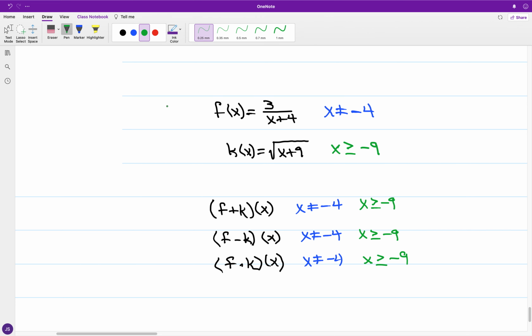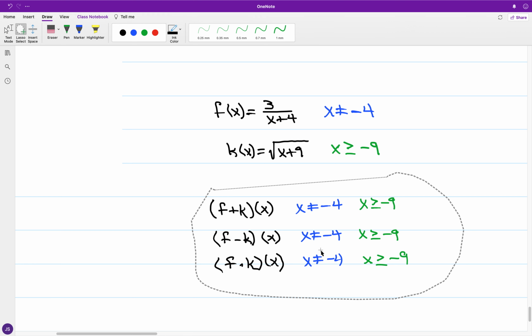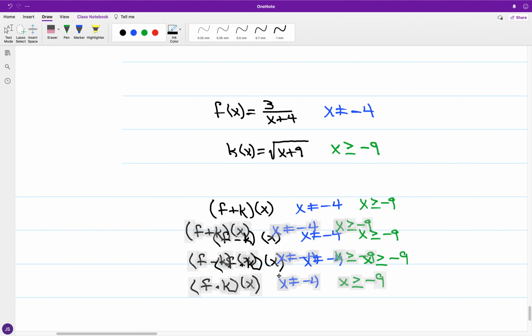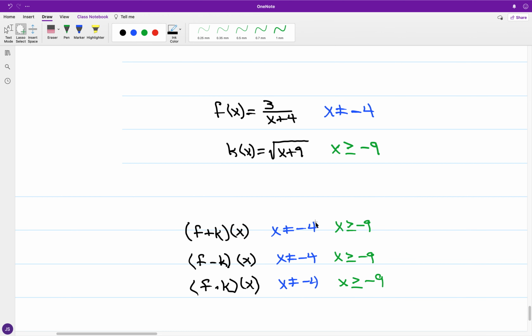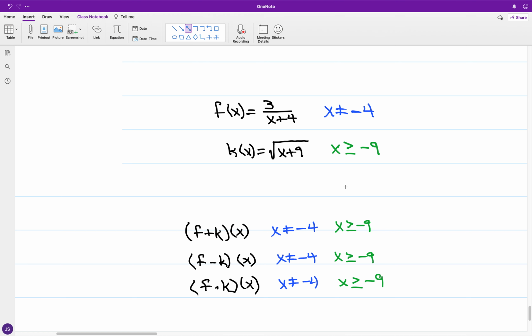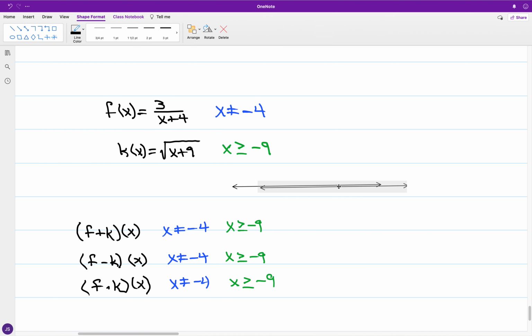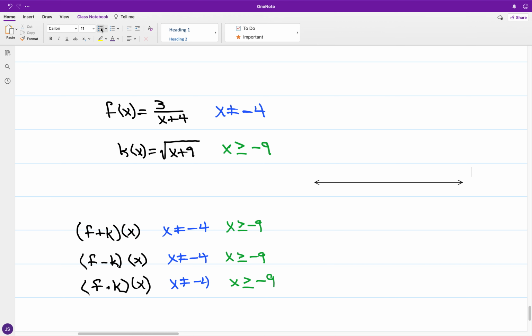Now, in terms of the overall framework, if I were to graph these restrictions, I have negative 4 and negative 9.